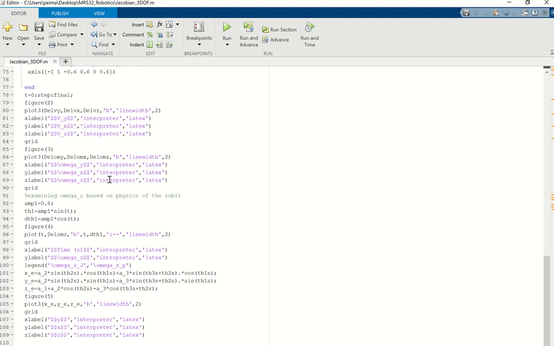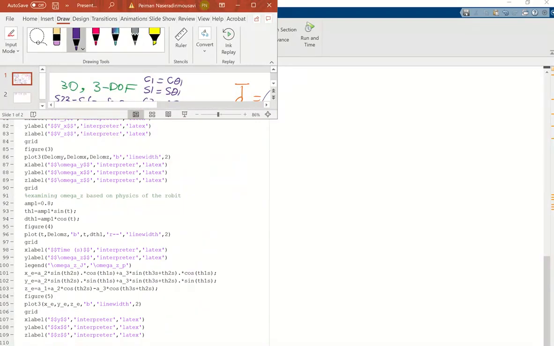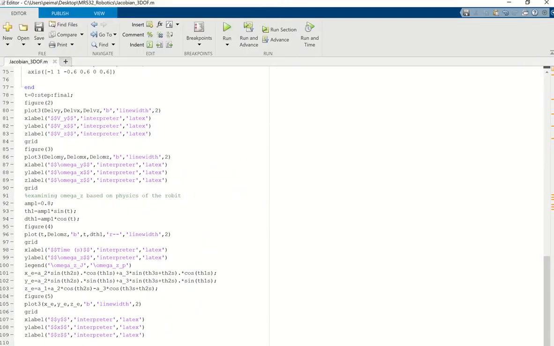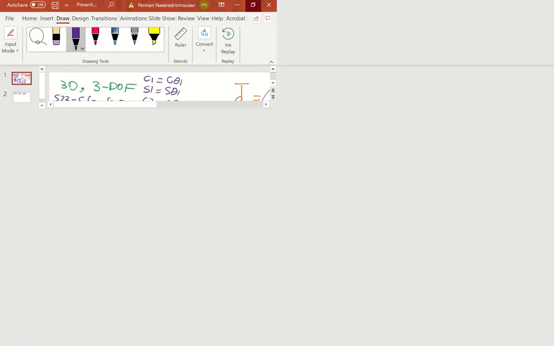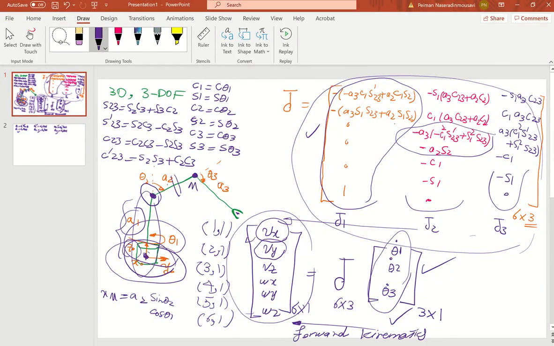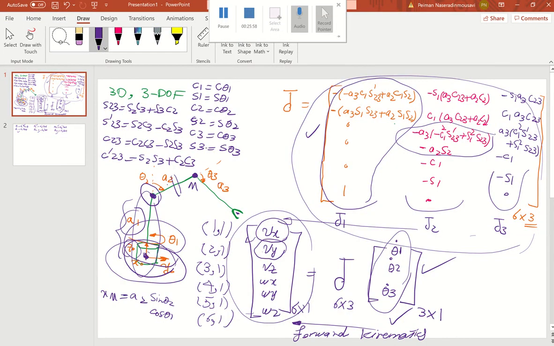Okay, guys, if I say what is the omega z of the end effector, what is going to be your answer? I'm going to give you 2 minutes.